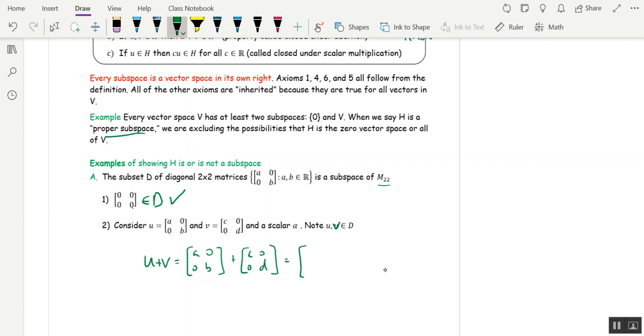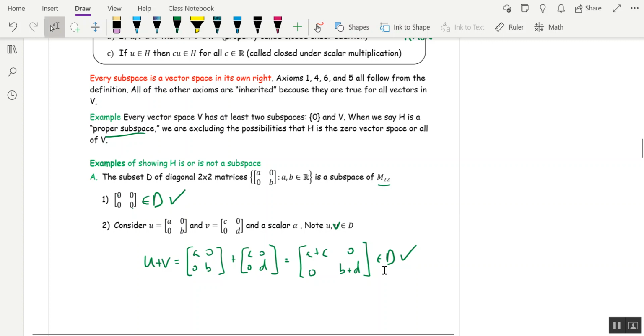Okay, and that's A plus C, 0, 0, B plus D. Well, that's another diagonal matrix, so that's in D. Just showing these properties are true is a formality, but it does need to be shown.